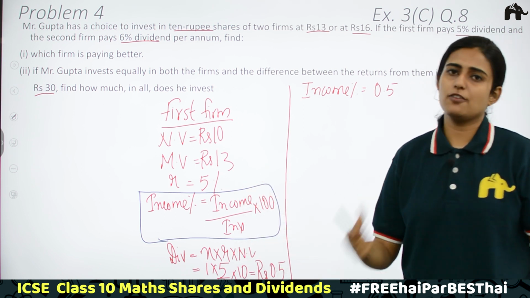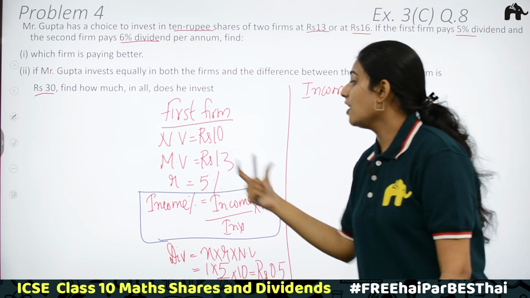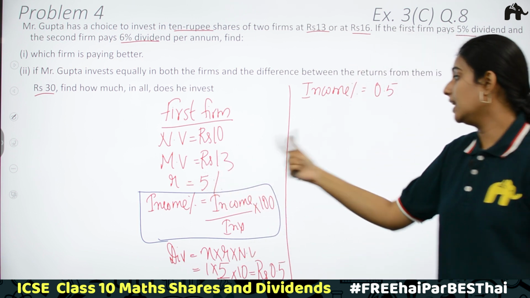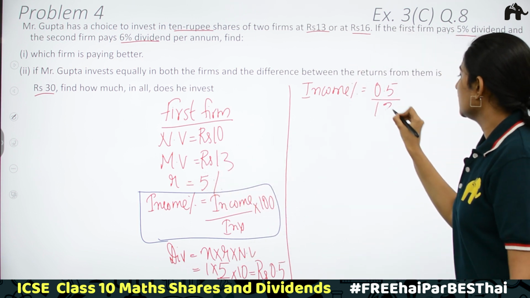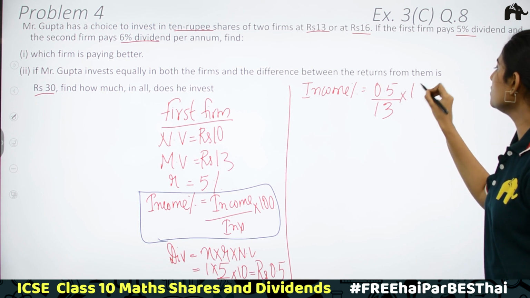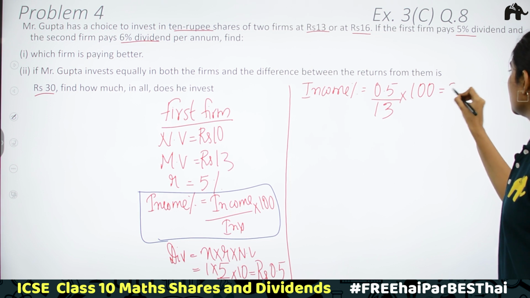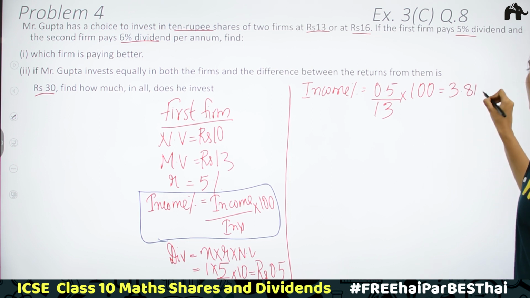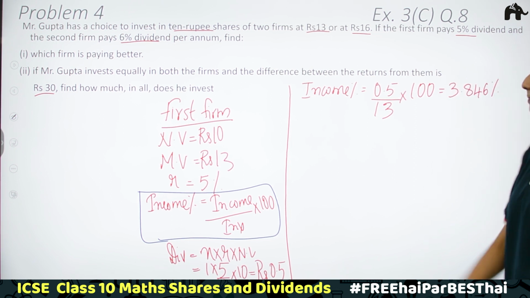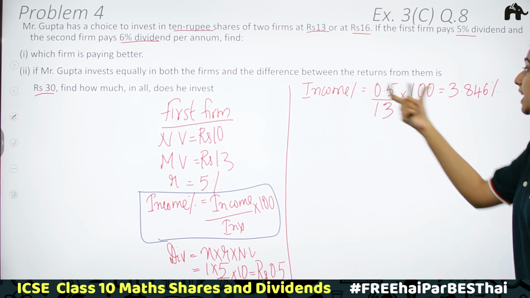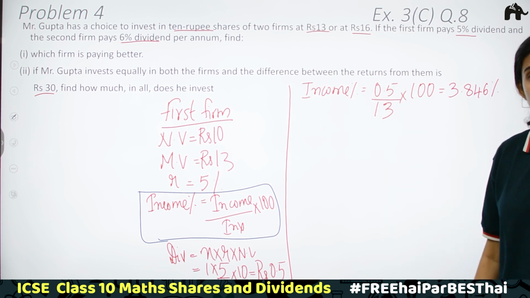Here we are taking number of shares as 1. Then the market value of 1 share is rupees 13. 13 into 100. When you calculate this, you will be getting 3.846%. Okay. This is the income percentage for the first case.